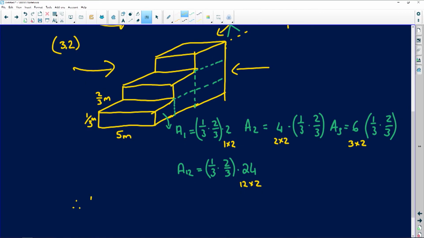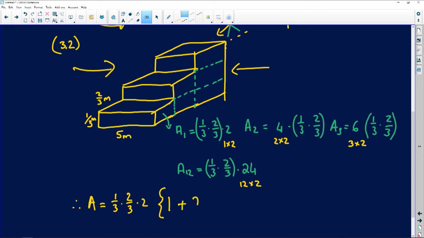So the total area of metal needed is going to be, now look at this, I'm going to be very sneaky here. I'm going to remove 1/3 times 2/3. And if I want to, I can even remove the times by 2. What is left? One of those plus 2 of these.